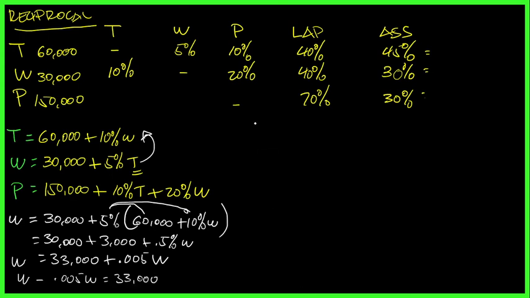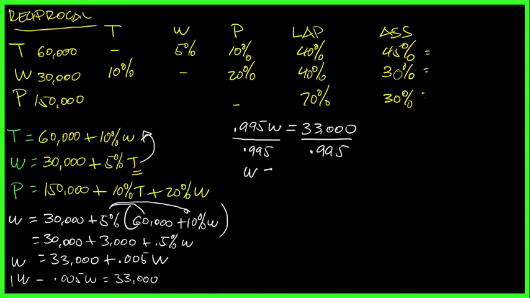Okay, let's assume that we are still enjoying this. Diba? We have 1 doon, invisible na 1. So this will now be 0.995. W is equal to 33,000. Let's try to isolate W. Divide this by 0.995. Sana nag-enjoy tayo.